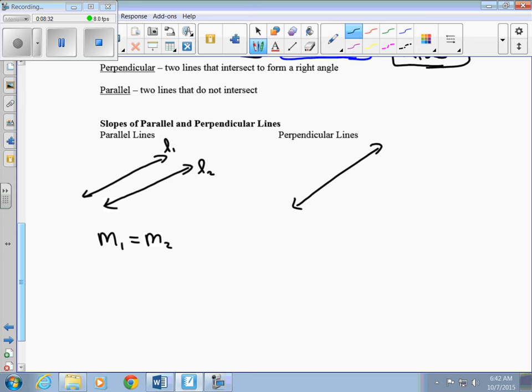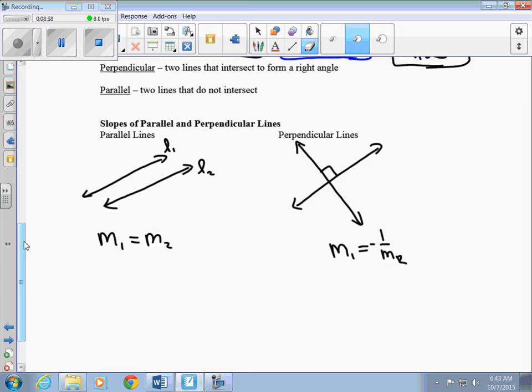Well, if we look at perpendicular lines, like it says, they're going to cross at a 90-degree angle, which means the slope of line 1 is going to be equal to the opposite of 1 over the slope of line 2. So realistically, one's going to be positive, one's going to be negative, and they're going to be reciprocals.